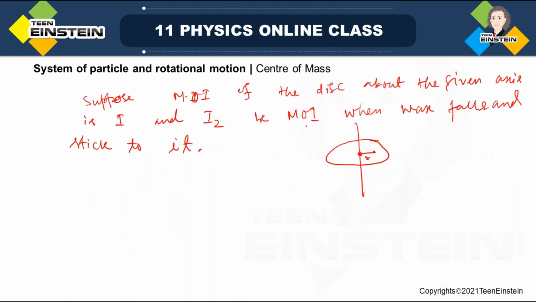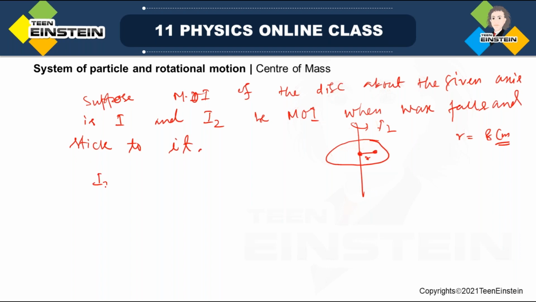Let us say this r is some distance, some 8 centimeter, or some value we will take. So you can see the moment of inertia changed to I2 when this is stuck here.